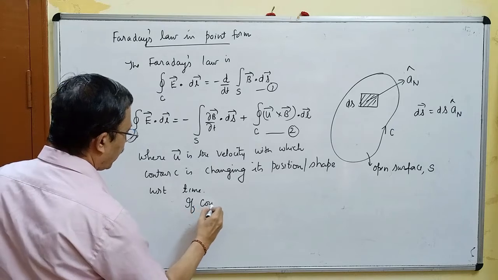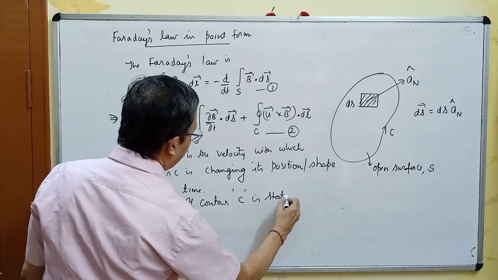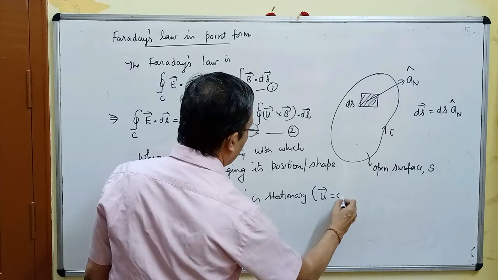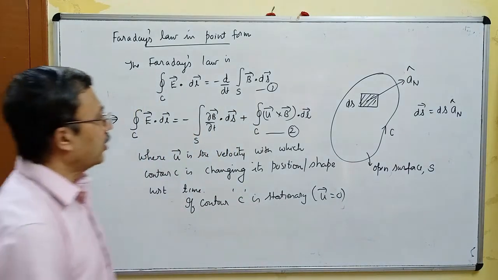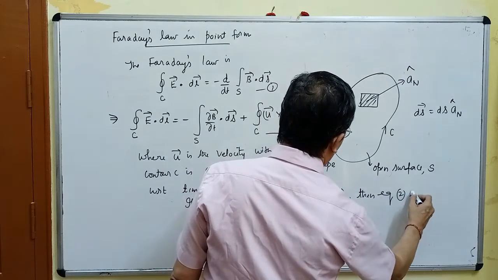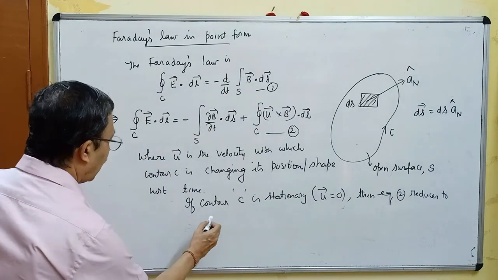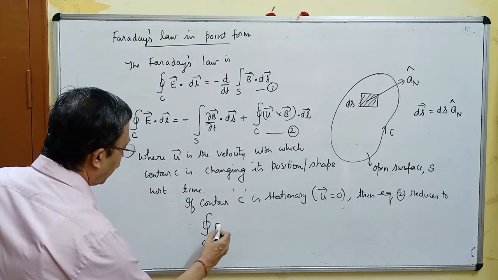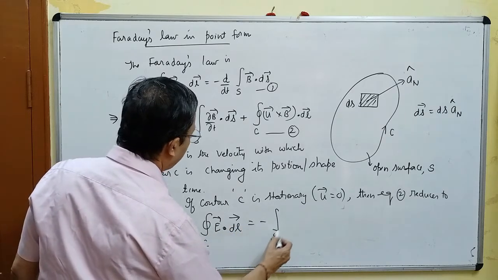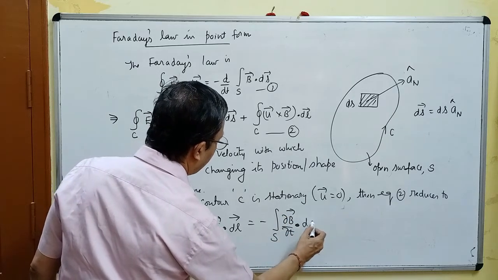If contour C is stationary, in the bracket I'll write vector u is equal to 0, then equation 2 reduces to contour integral C vector E dot dl is equal to minus surface integral vector dou B by dou t dot ds.